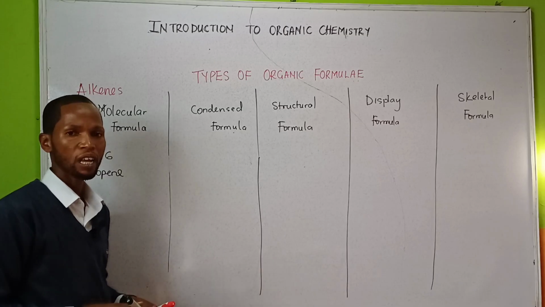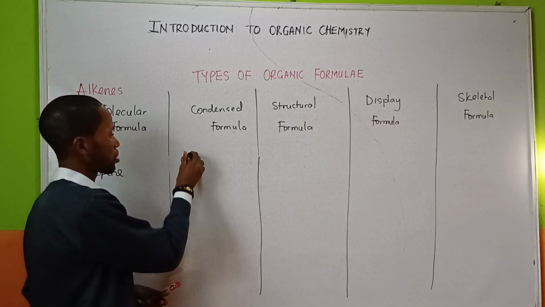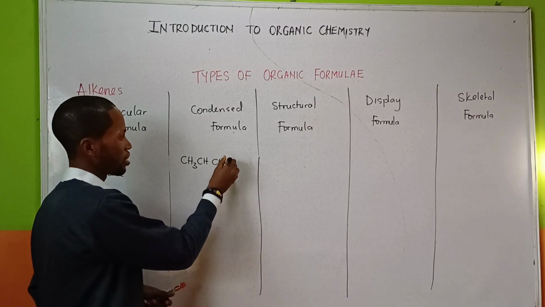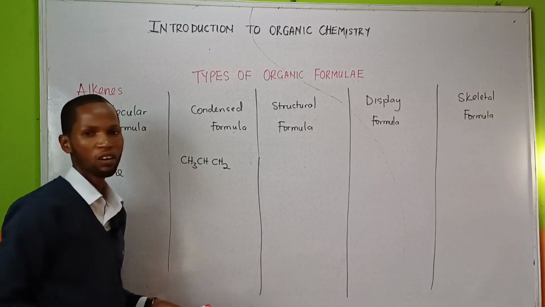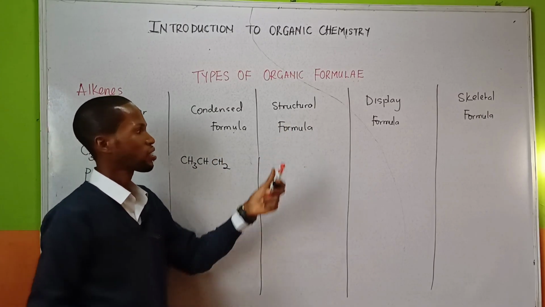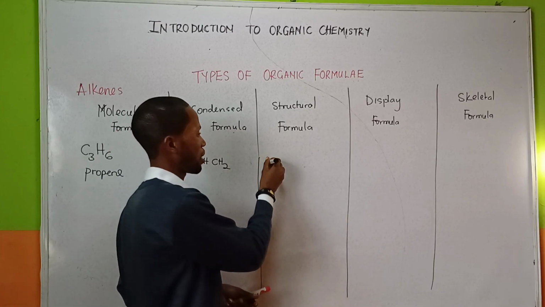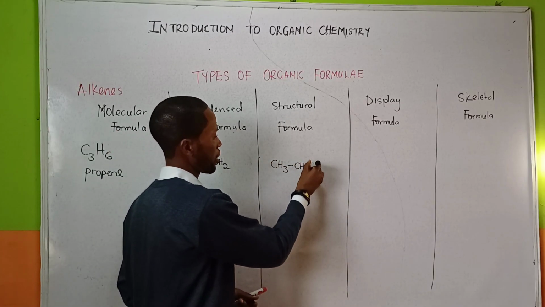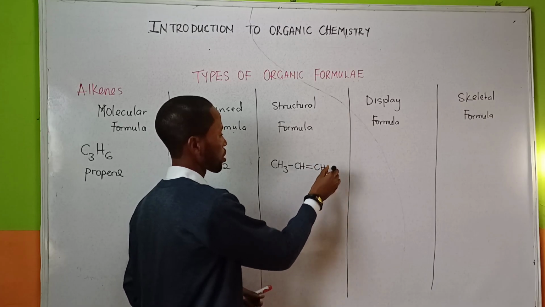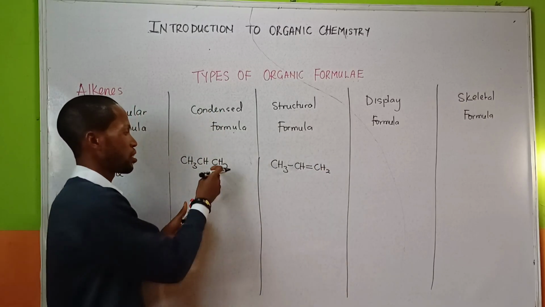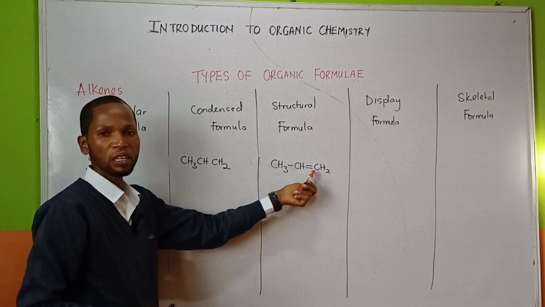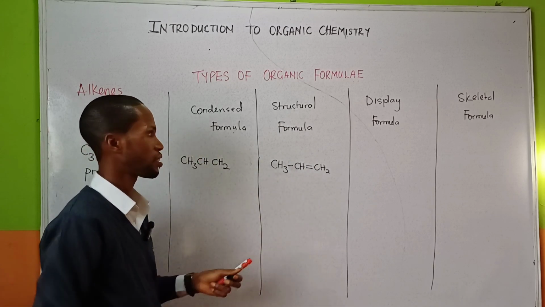The condensed formula is CH3CHCH2. Okay, while the structural formula is written as CH3 CH double bond CH2. Can you see the reason why I have to express CH right here? So we have a double bond in between the carbon atoms at the extreme end there.